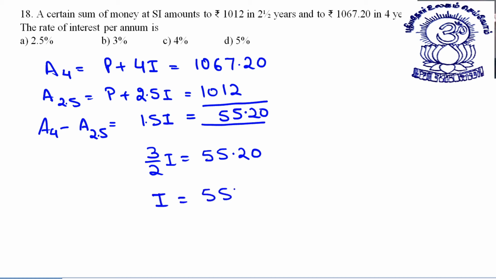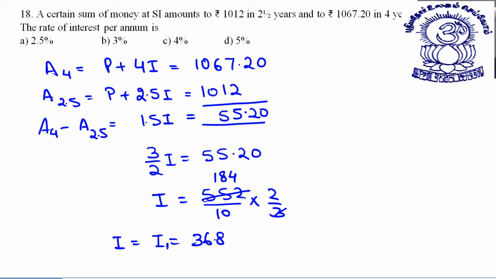I would be very happy if you can calculate it yourself. Let's calculate it. 55.2 divided by 3 is 18.4, and 18.4 into 2 will be 36.8. This is i.